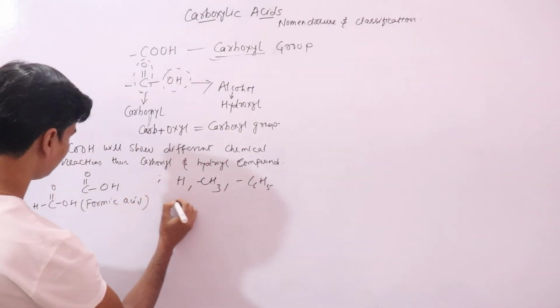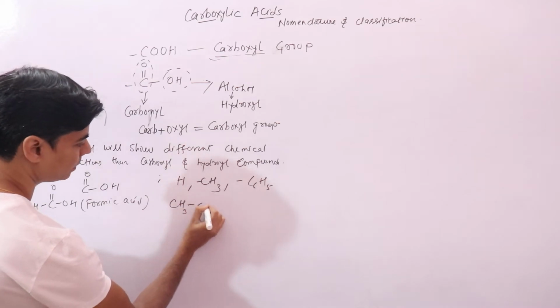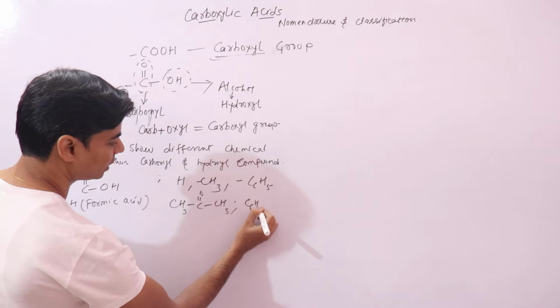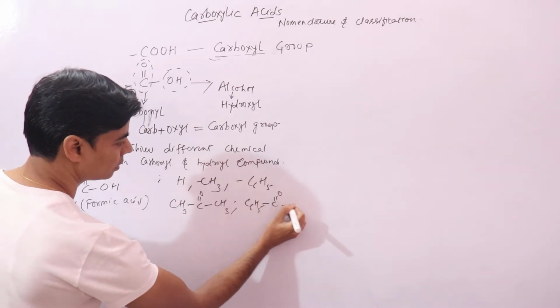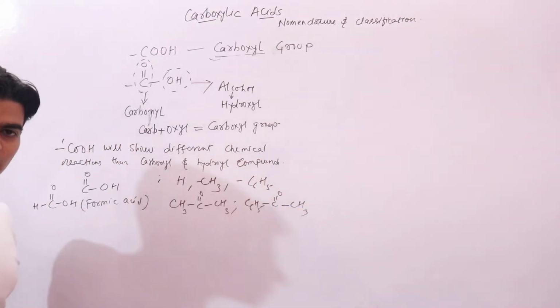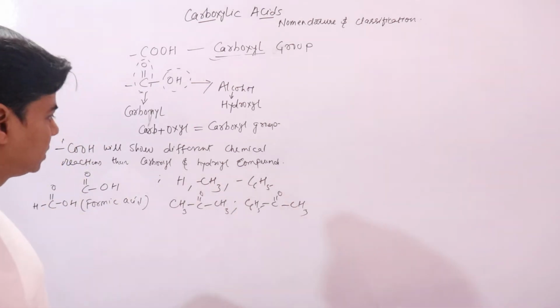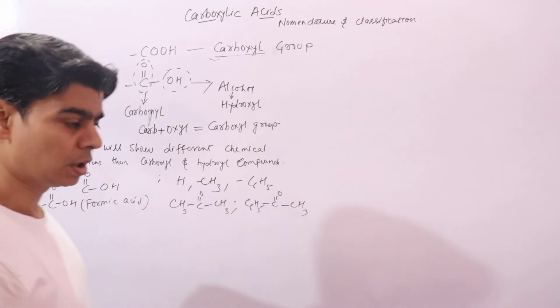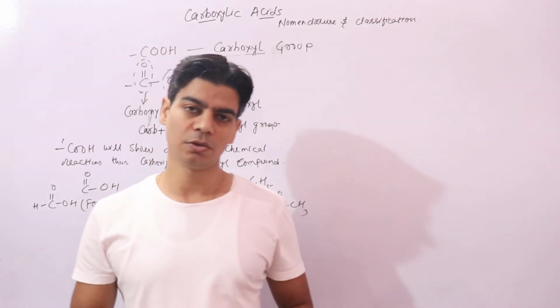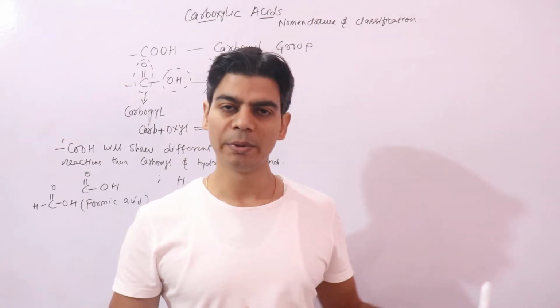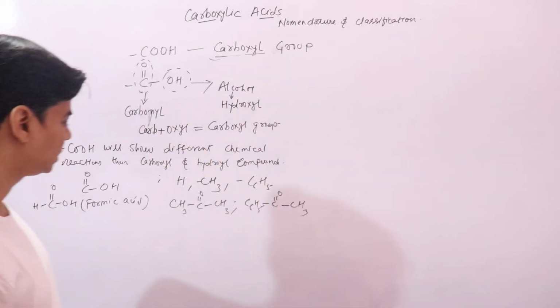If I add CH3 here, this will be acetic acid. And if I add C6H5, this will become your benzoic acid. You should know the names of these simple carboxylic acids. Now, coming on to the classification of carboxylic acids, and then we'll do the nomenclature, how to name these carboxylic acids.